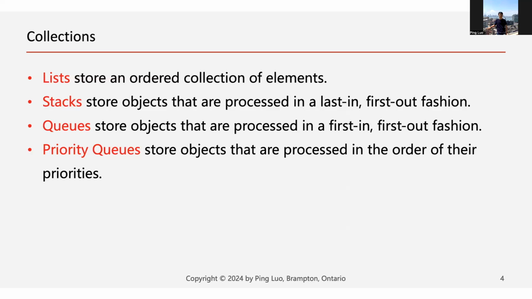The first person going into the queue will just stand at the very beginning of the queue, then the second person, third person, all the way to the last one. When we want to get some information from the queue, each time I can only get the one at the very beginning.